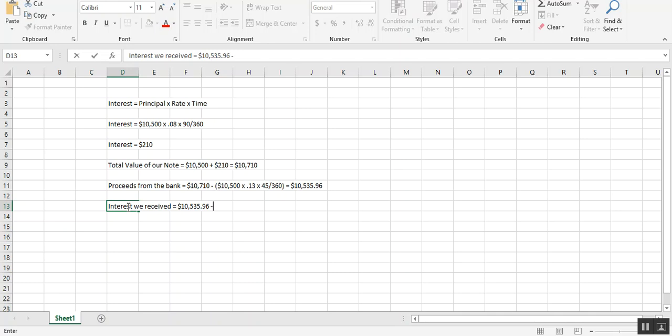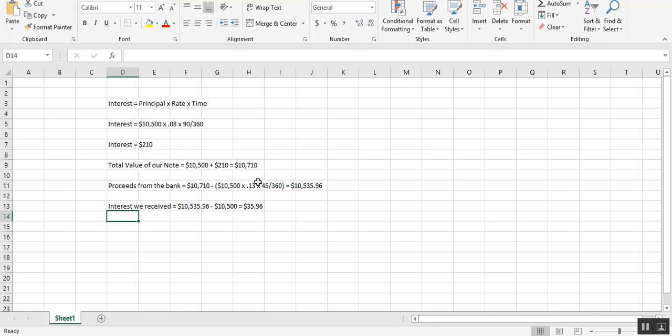That's the total amount we're getting. But of that amount, $10,500 was the principal amount for us. So the difference in those two, which is just $35.96, that's the interest.